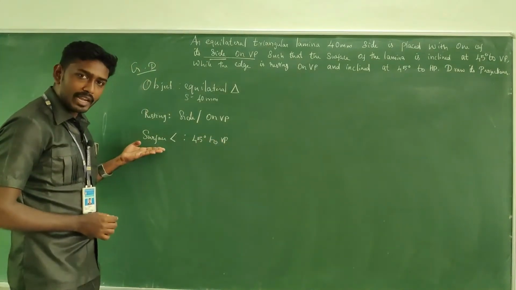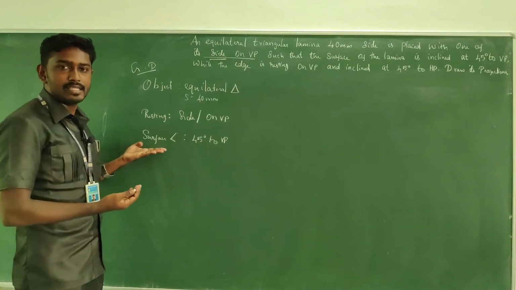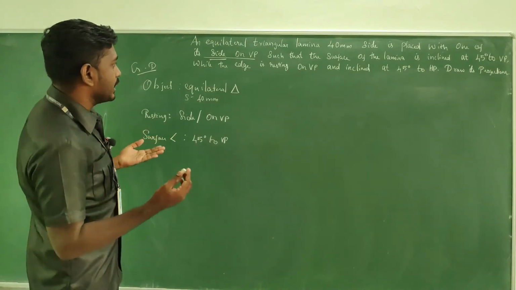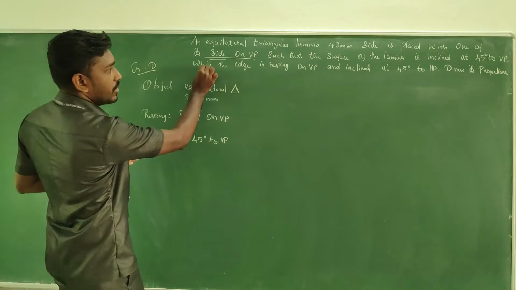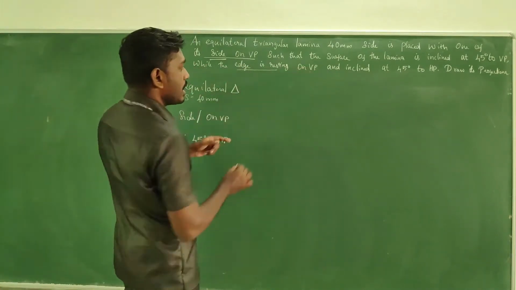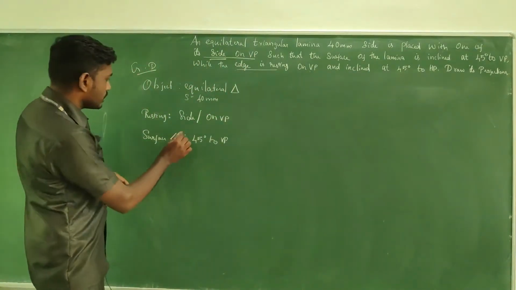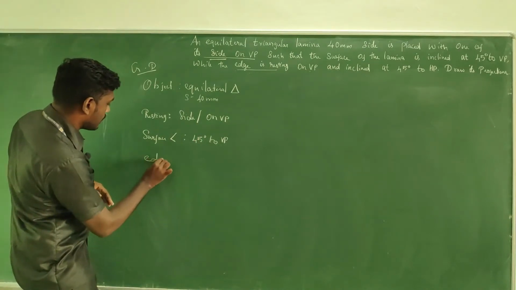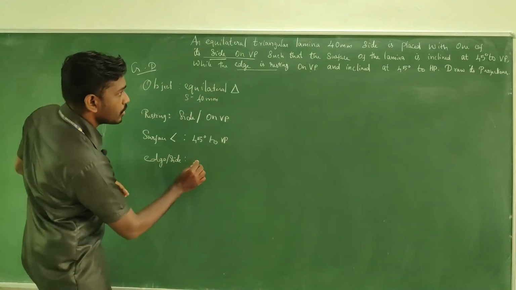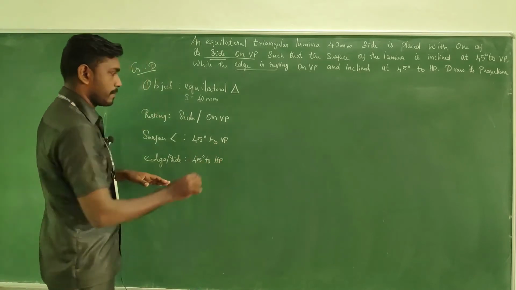The other names for surface are lamina, plane, plates, or the object itself. And then the edge or special inclination: the side which is resting on VP is inclined at 45 degree to HP.